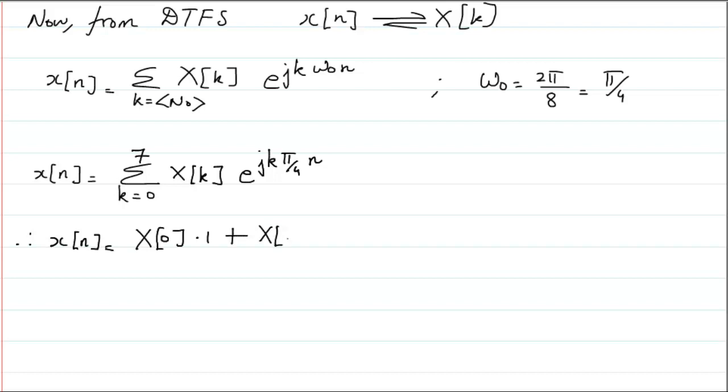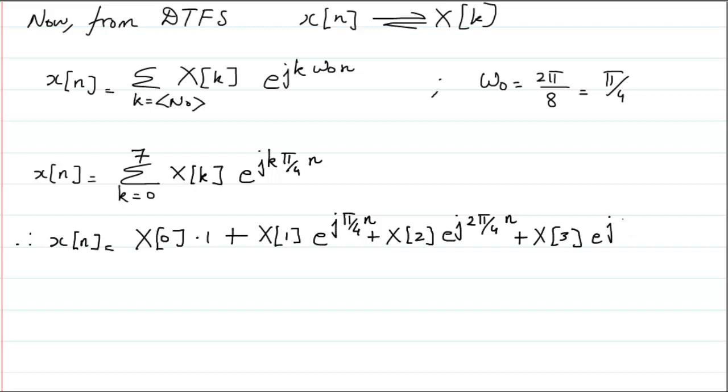I will get capital X of 1 e raised to power j pi by 4 n plus x of 2 e raised to power j 2 pi by 4 n plus x of 3 e raised to power j 3 pi by 4 n plus x of 4 e raised to power j 4 pi by 4, which is pi n.